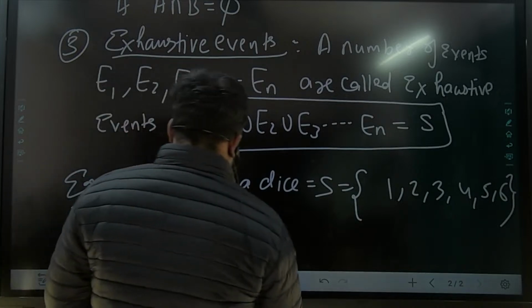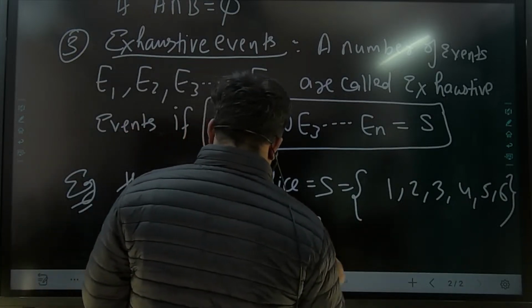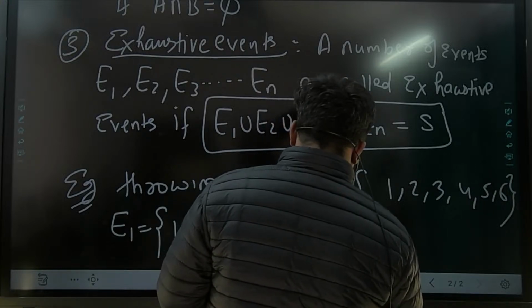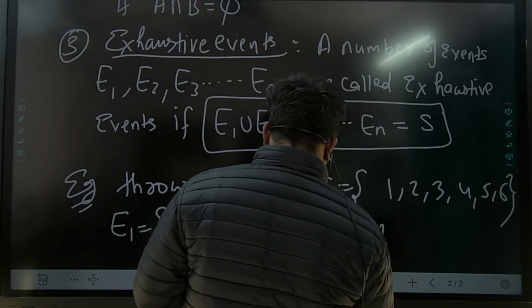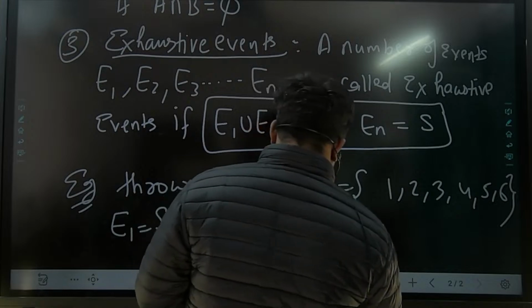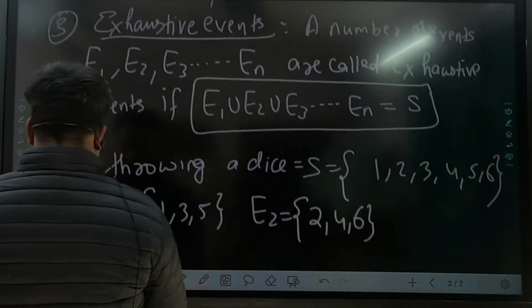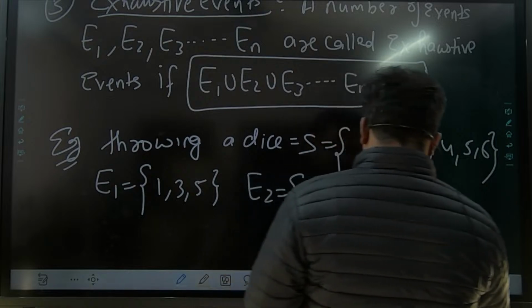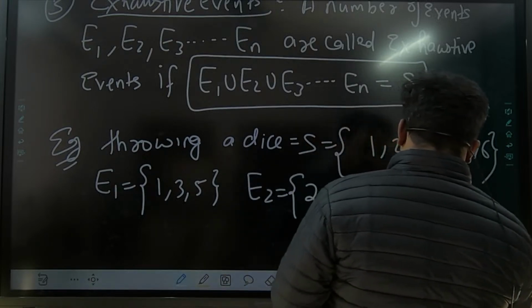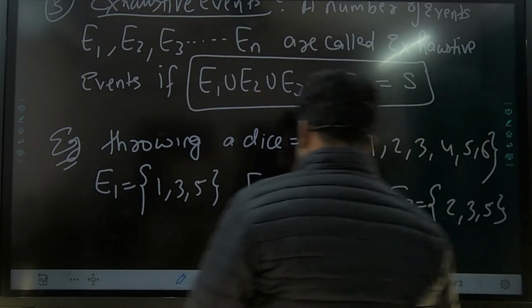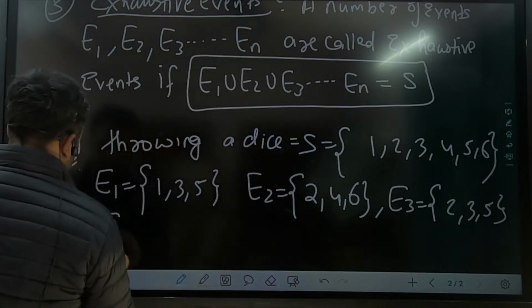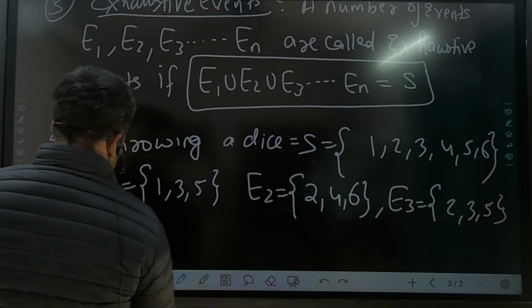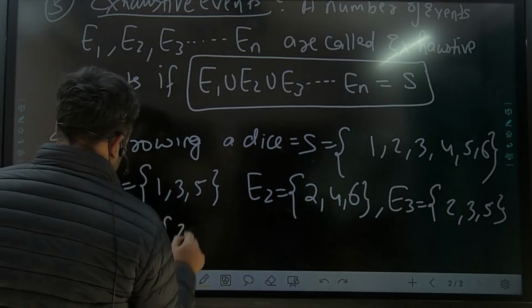Event E2 will come out of this only: 2, 4, 6. Let's say event E3 is 2, 3, 5. And event E4 is equal to just 2.